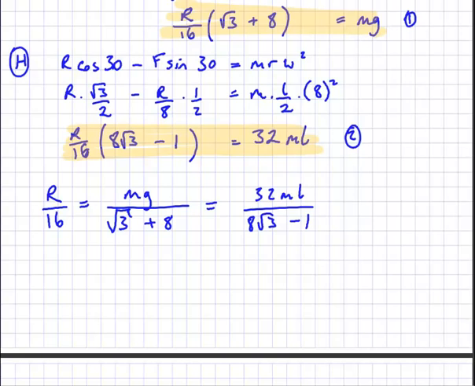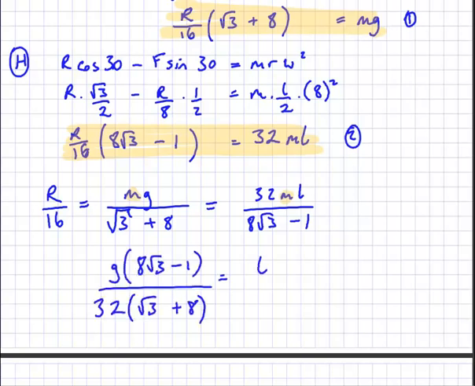As a result, we can rearrange that to get L as the subject. We can cancel out the m's because they are a factor on either side, so we're not concerned with that one. We get g multiplied by 8 root 3 minus 1, bringing that denominator across, divided by 32 root 3 plus 8.